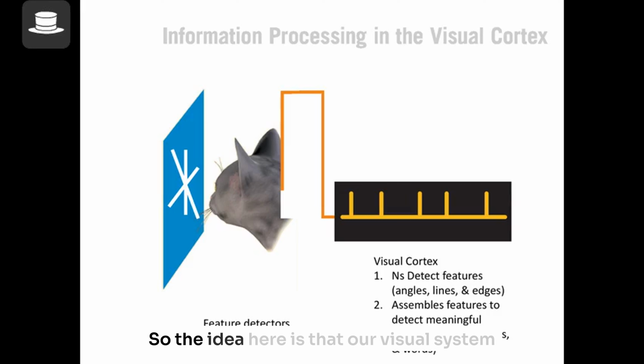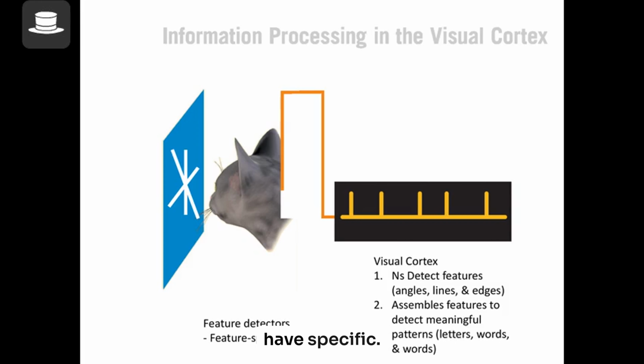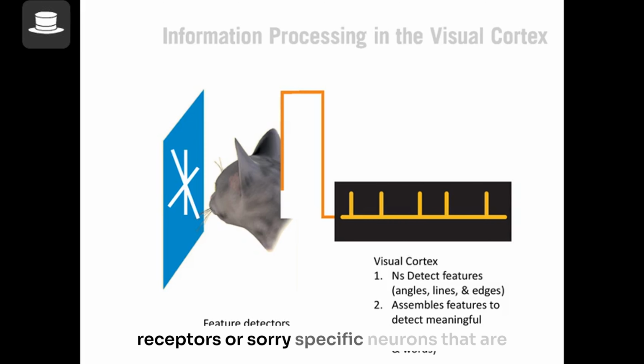So the idea here is that our visual system works in a way that our cerebral cortex has specific neurons that are sensitive to specific features in the object. In other words, your brain is dissecting an image into its basic features, and these basic feature cells are the ones that fire.